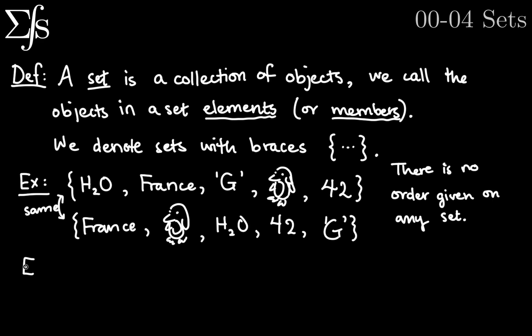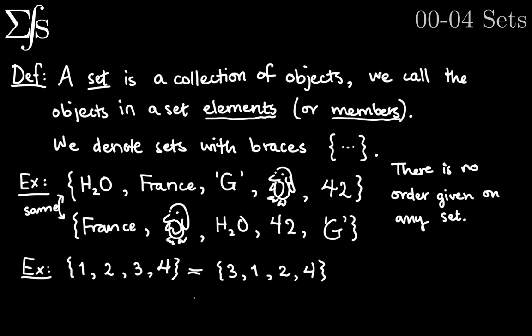So let's take a different example where there is. Say the set 1, 2, 3, 4. So this is a nice set in that the elements are all numbers, right? It's all integers even, 1, 2, 3, 4. This set has 4 elements, and you can list them out nicely that way. We could also write this set as 3, 1, 2, 4.